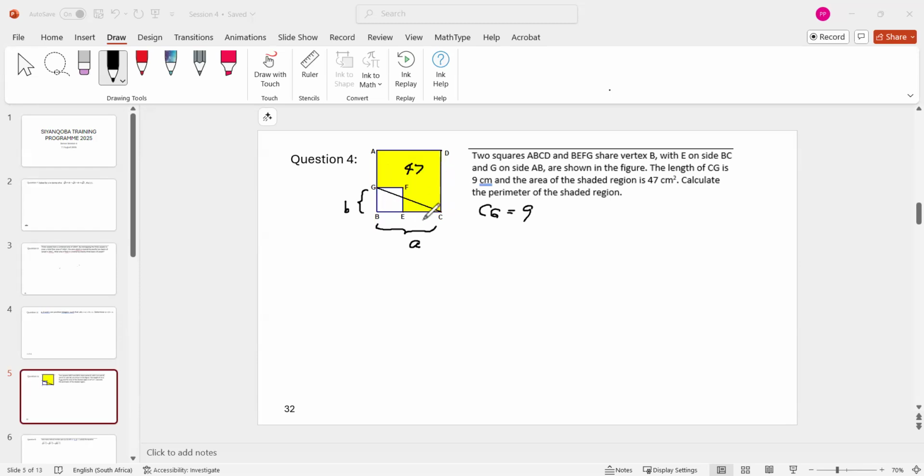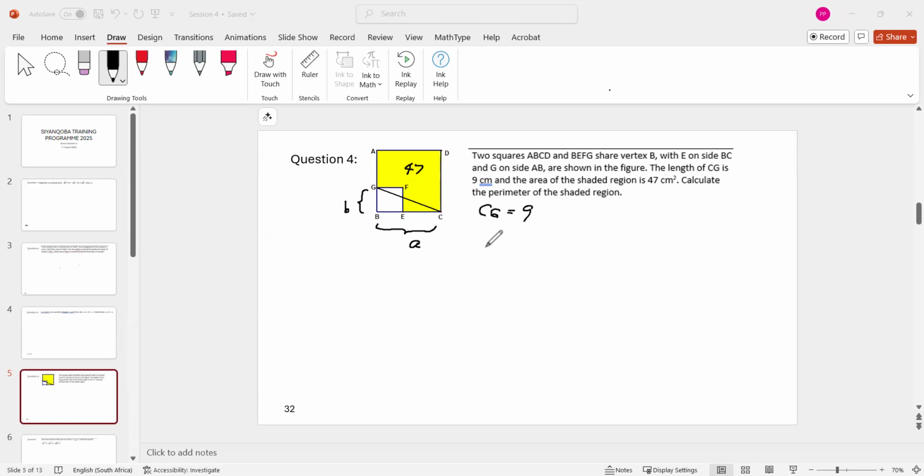So let the side of the large square be A and the small square be B. Normally I'd write all this down, but I'm putting it in the picture so that we can save some time. Now, by choosing it like that, this becomes the hypotenuse, you see.